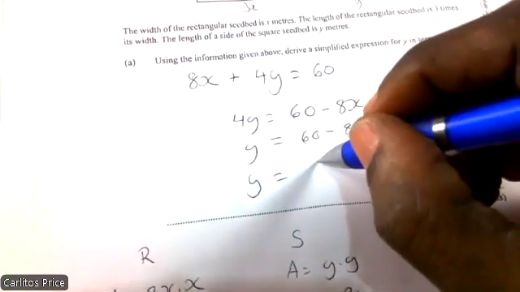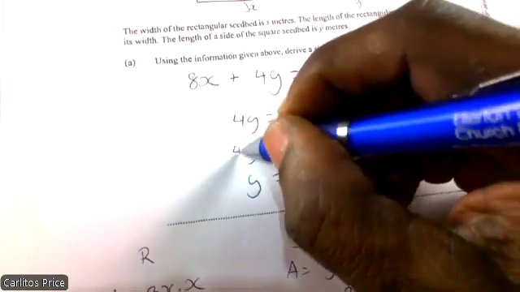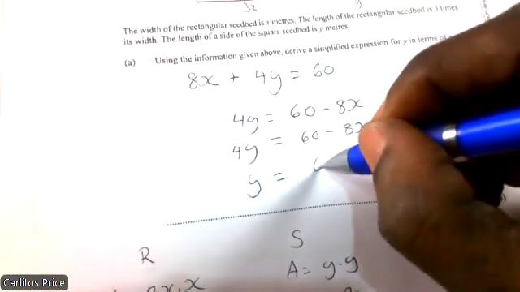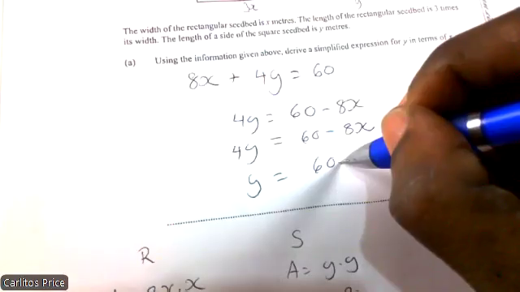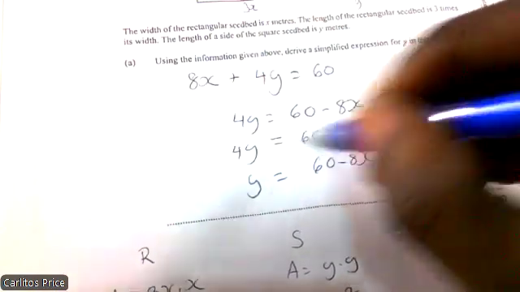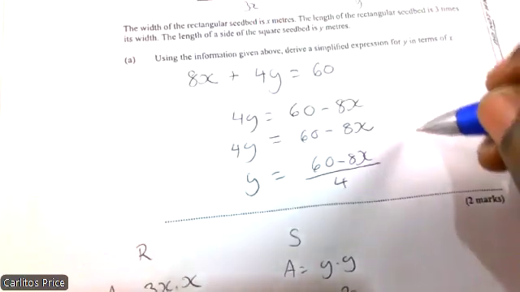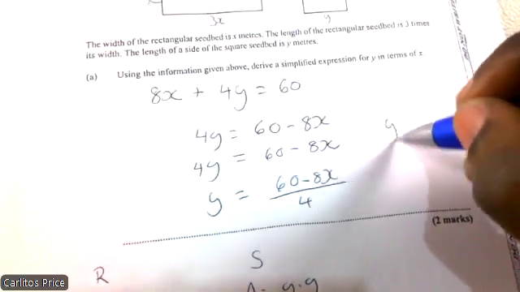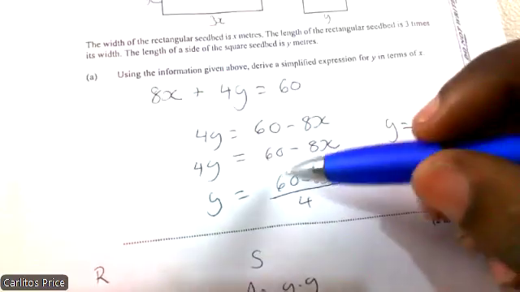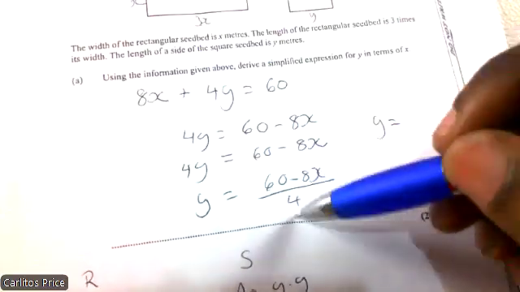So y is therefore equal to 60 take away 8x, over 4. We could do more than that. We could actually cancel this.